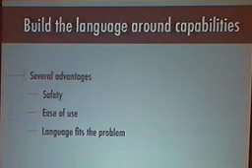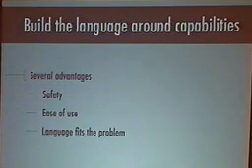Okay, so building the language around capabilities, there's obvious advantages to doing this. You can be absolutely sure that the language really does provide the properties you need to implement capabilities. You can design the language so that capabilities are easy to use. They're not awkward like they would be in a standard language that you've somehow figured out how to do capabilities in.